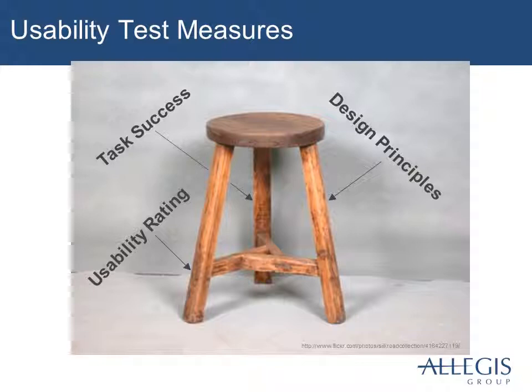The first thing that I want to summarize, though, is that there's a couple different data points that we at Allegis are going to be collecting as we run these usability tests. The primary bread and butter thing that we record is task success. So a usability test is about asking end users to perform tasks in the system, and we record if they were able to complete them.